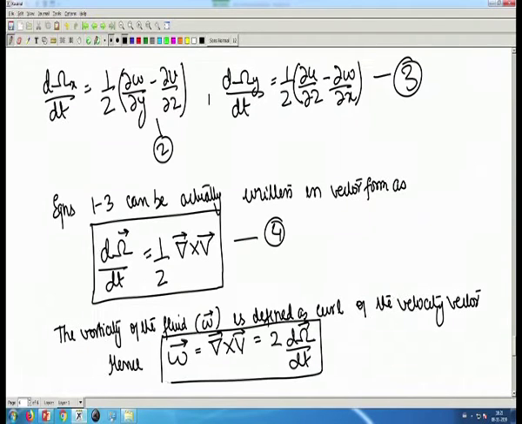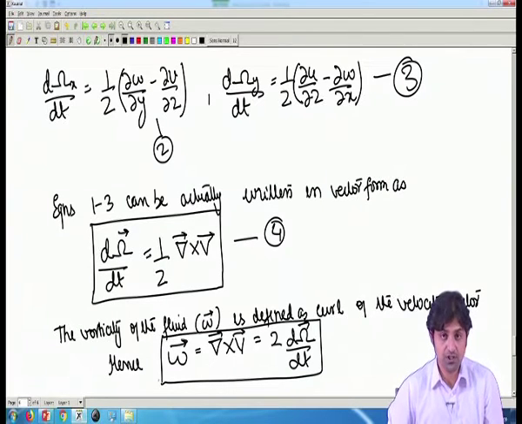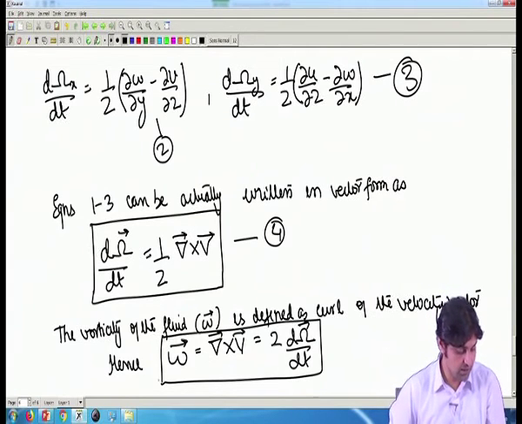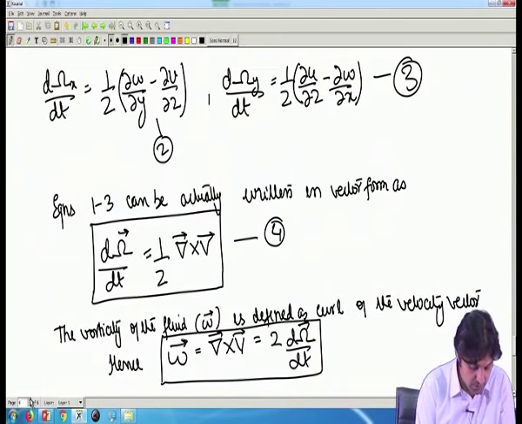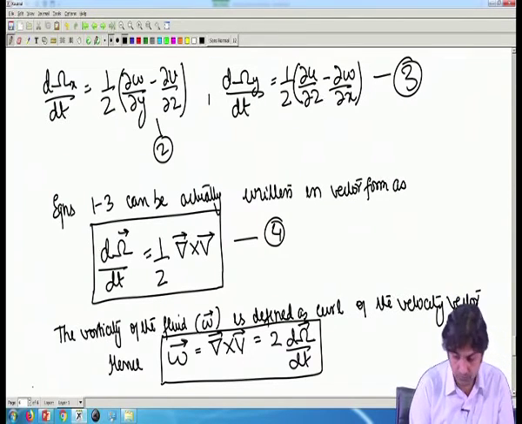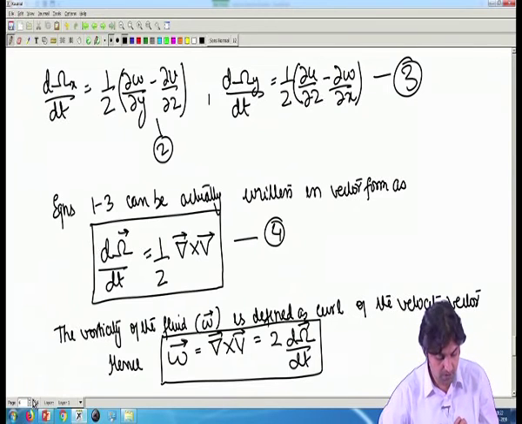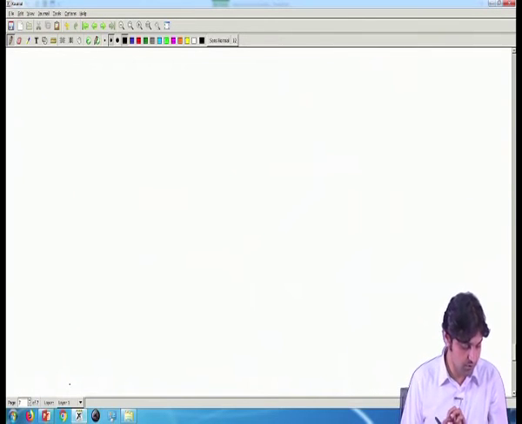So this is another important result which we have proved, that vorticity is twice the rate of rotation, which we already derived and found out to be half of the curl of the velocity vector. So, we will go to the next page to continue.